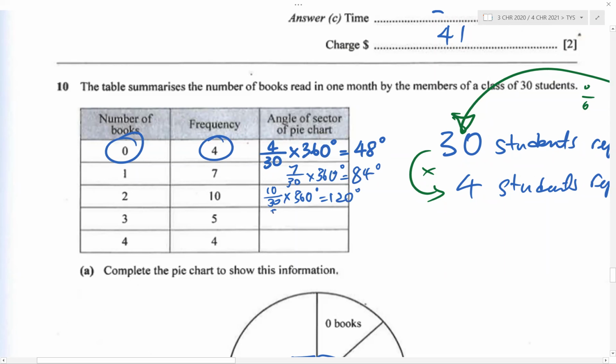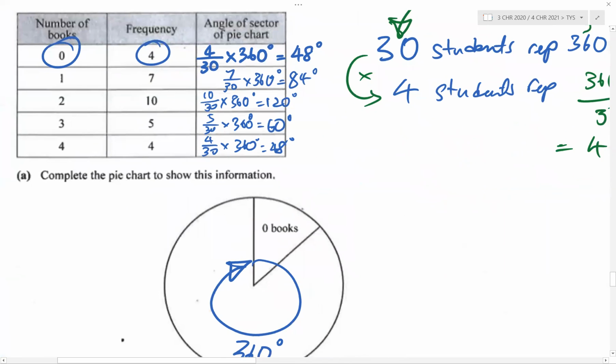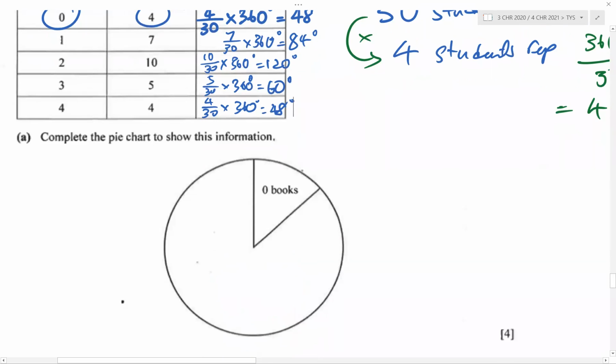Very good. 5 over 30 times 360, 60 degrees. And the last one, 4 over 30. Again, 4 over 30. So we expect the same angle, 48 degrees. Great. Now we have all the angles already. Now we can draw. We can complete the pie chart.